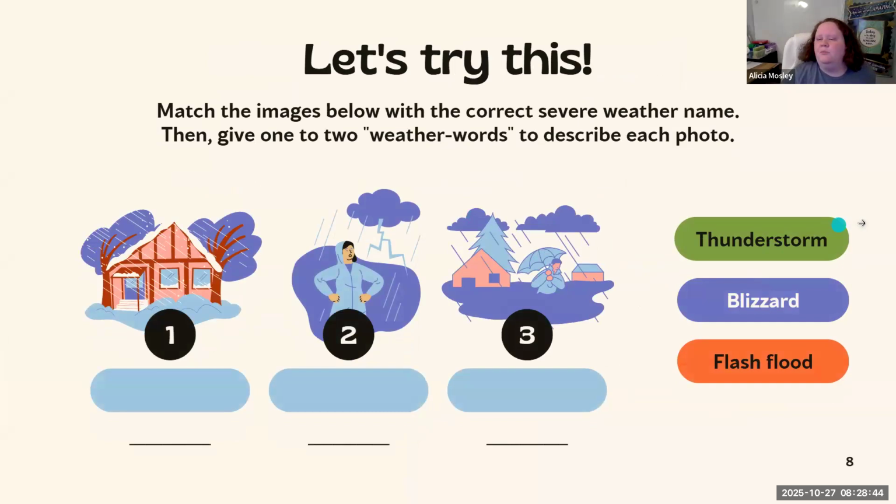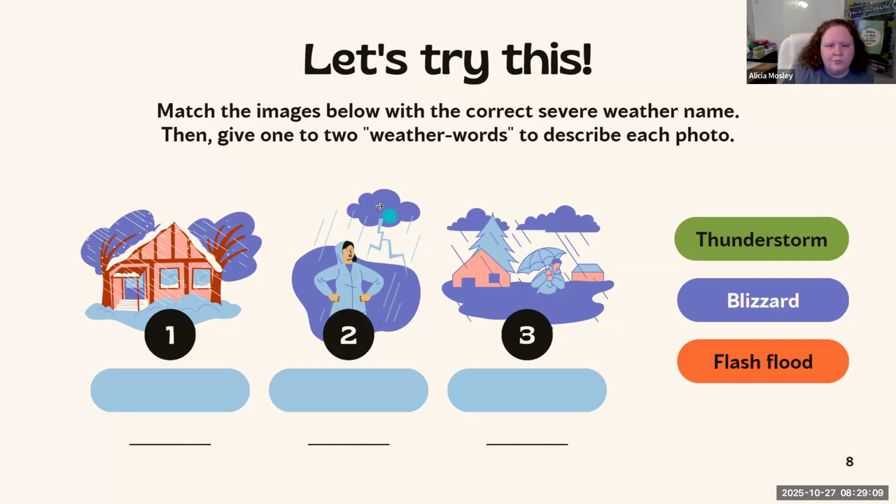So, let's look at a couple of examples and discuss what type of example it could be. Okay, so we have thunderstorm, blizzard, and flash flood. If we look at picture one, we can see that this is a house and it looks like there might be some snow happening, right? See the snow in front of the house? So we know that that would be an example of a blizzard.